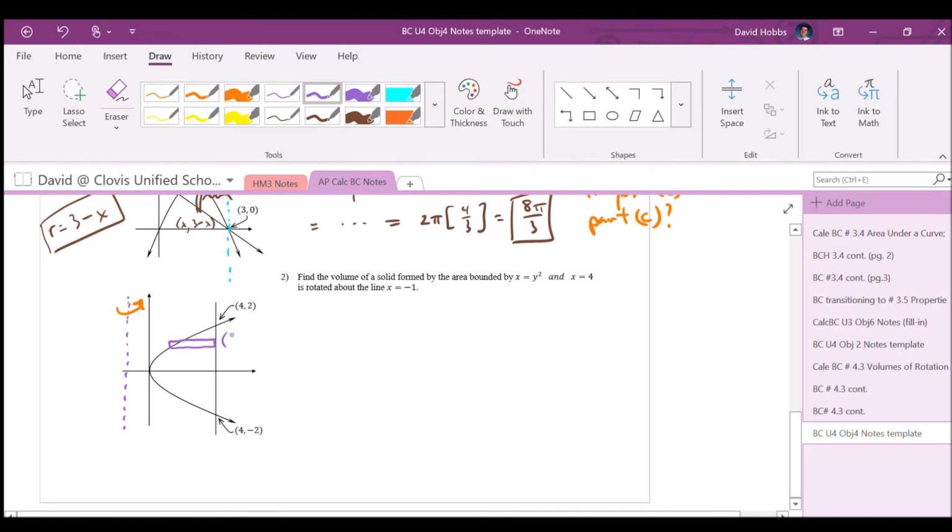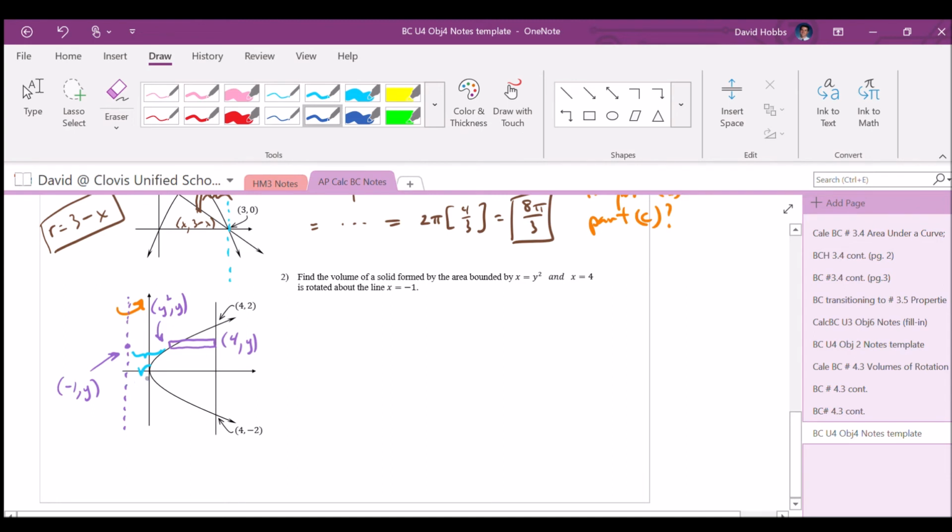So this end is 4, comma, y. This end is, let's see, x is y squared, so y squared, comma, y. And when I have the perpendicular ones, I like to put a point there. And this point right here is -1, comma, y. Okay, so my small r is right here.